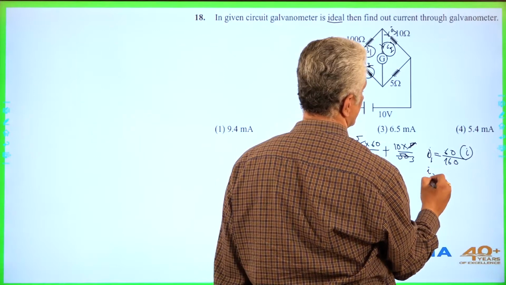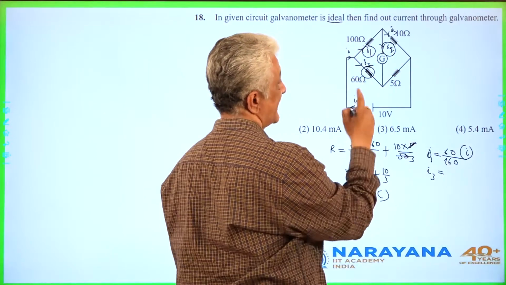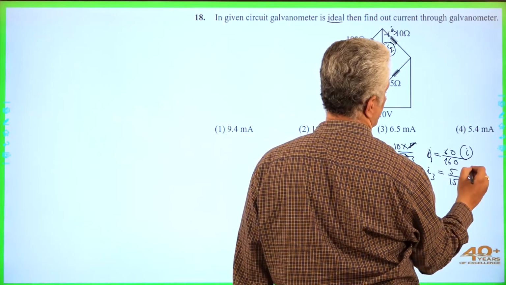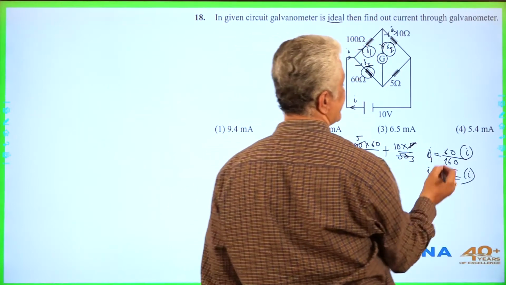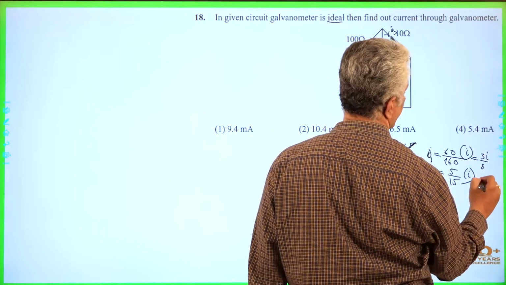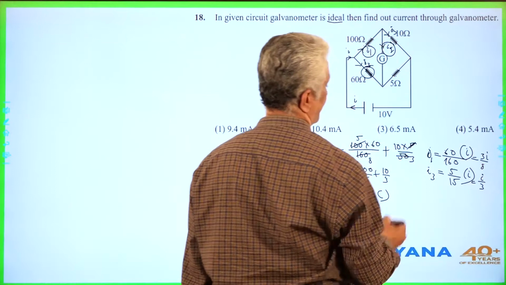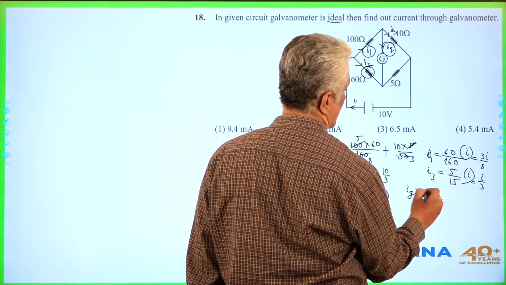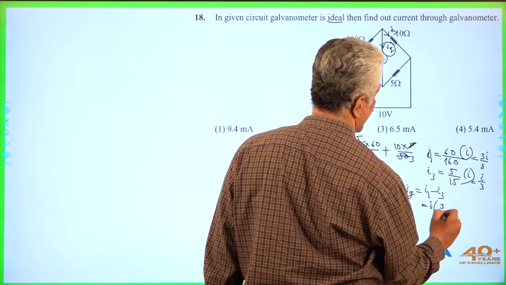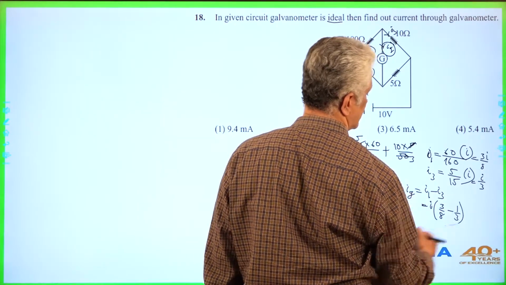Whereas I3 also will be the same. I3 will be 5 by 15 of I. Somewhere it comes as 3I by 8. This becomes I by 3. Then Ig will be I1 minus I3, which is I into 3 by 8 minus 1 by 3.